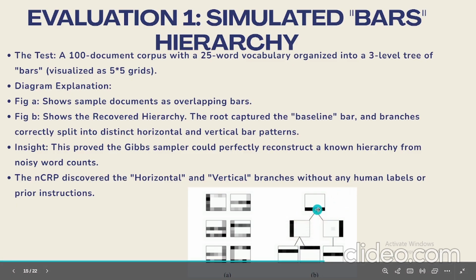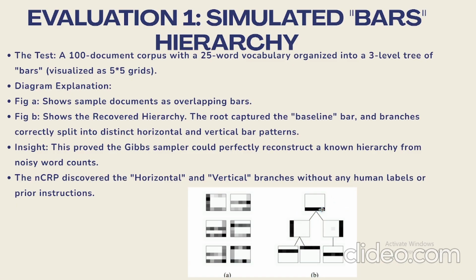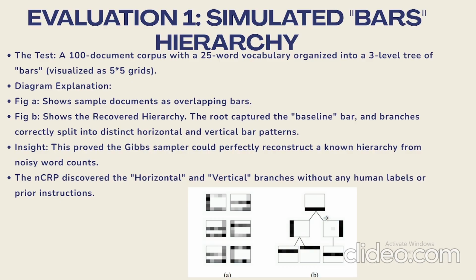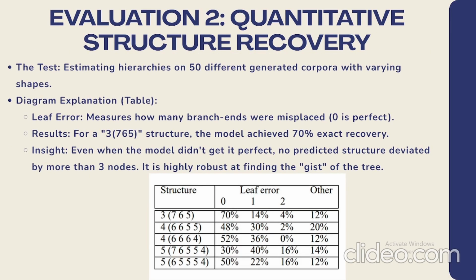It put the universal baseline at the root and split the branches into horizontal and vertical lines. Quantitatively, the model achieves 70% of exact recovery for complex structure.